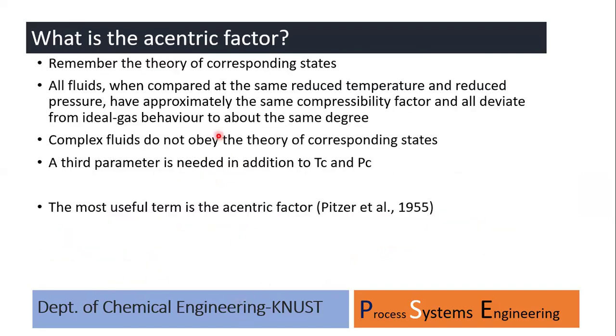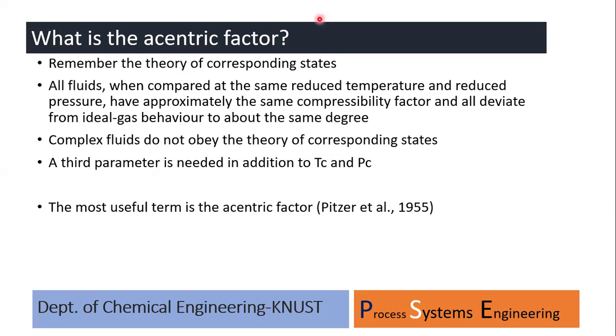Okay. So for the eccentric factor, remember for the theory of corresponding states, we're saying that if we have different materials at the same reduced temperature and the same reduced pressure, then they behave the same way. TR is a reduced temperature.